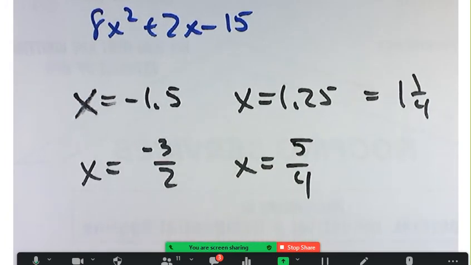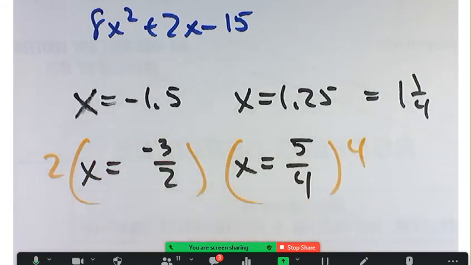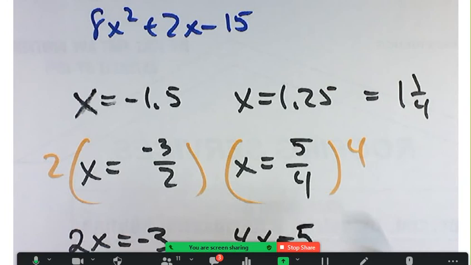Now, just like the last one, I want to get rid of the denominators. So I can multiply both sides, in this case by 2, and in this case by 4. So that gives me 2x equals negative 3. This gives me 4x equals 5.